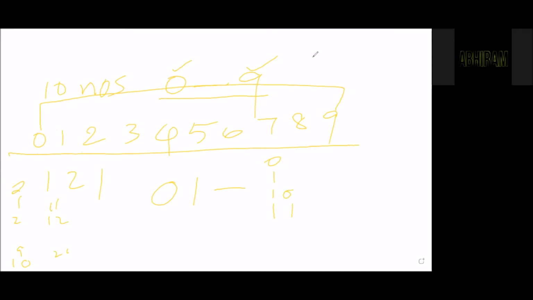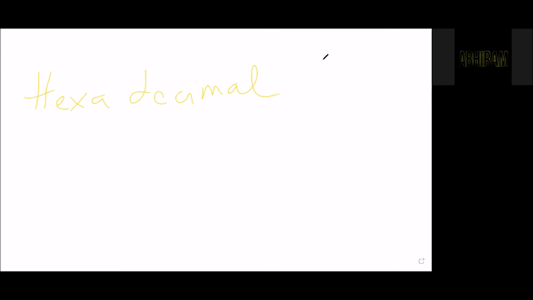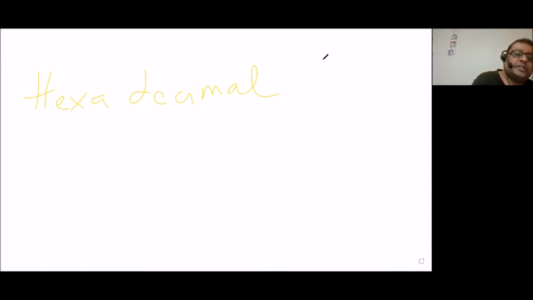Now, there is another system. You now know decimal and binary. Have you heard of something called the hexadecimal system? Excuse my handwriting, it's a bit poor. Decimal is base 10, as in there are 10 numbers.